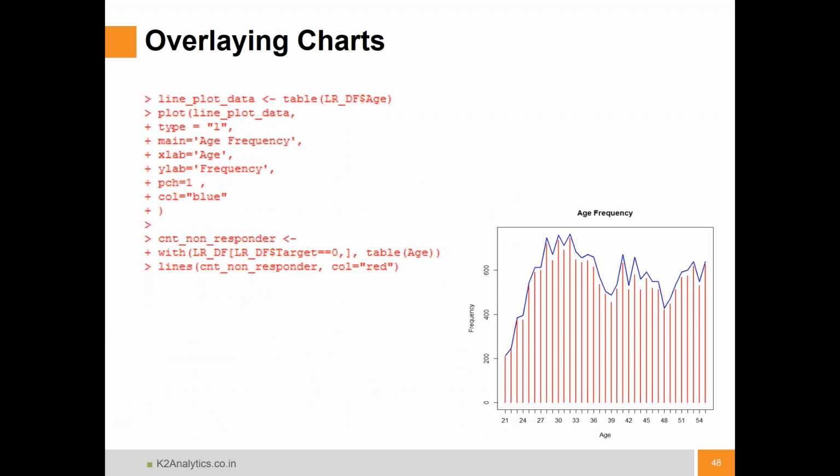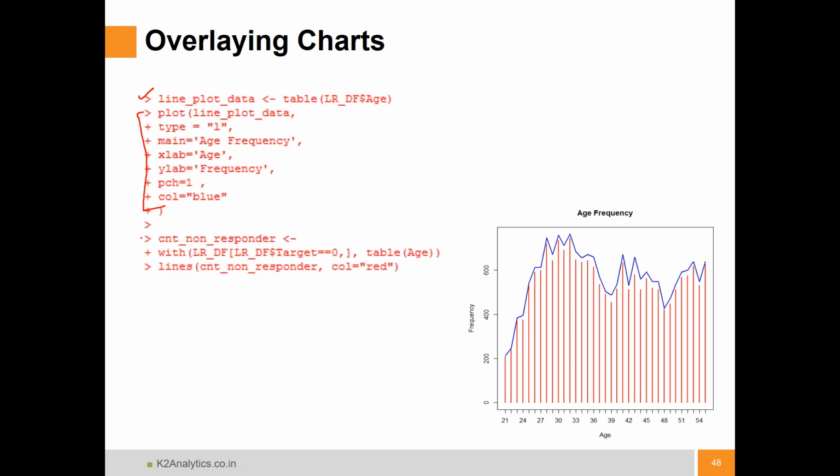Overlaying charts. Here I'm basically overlaying two charts. First, I take the line plot data and get a frequency. Then this is a plot function with type equal to L, labels, PCH, and color equal to blue. So this is the first graph that I'm getting.